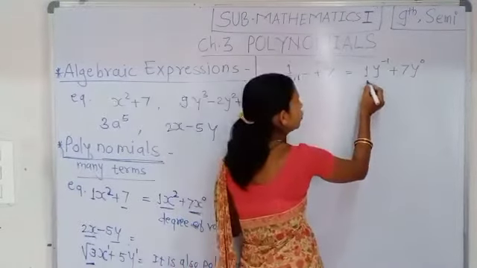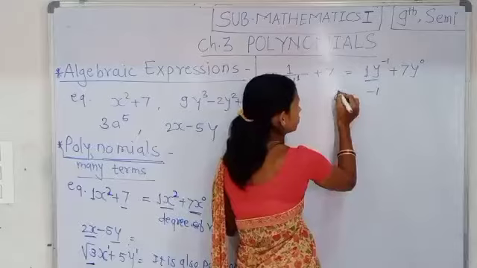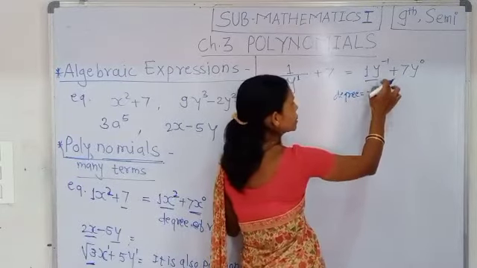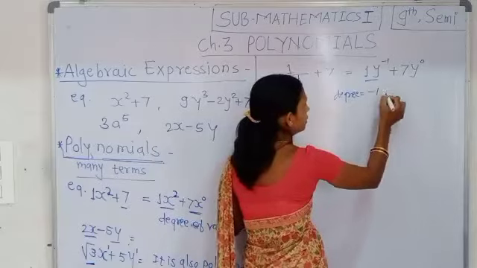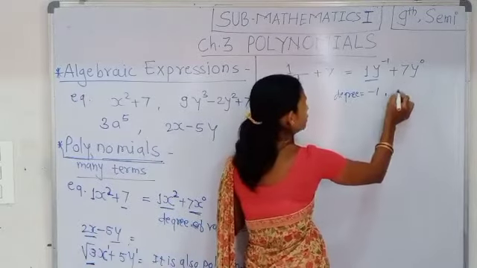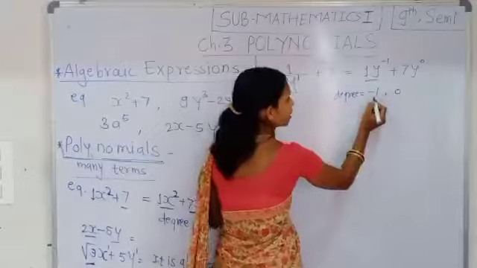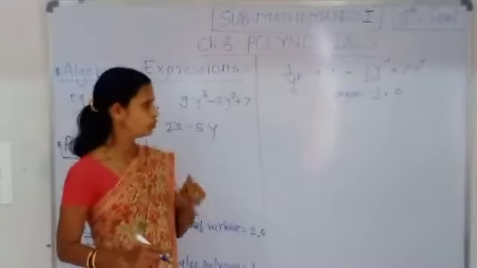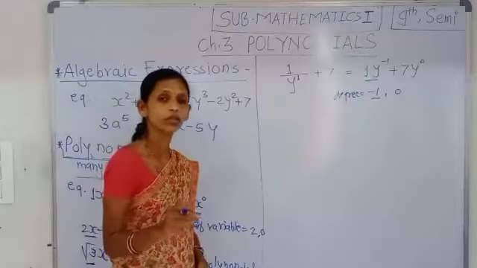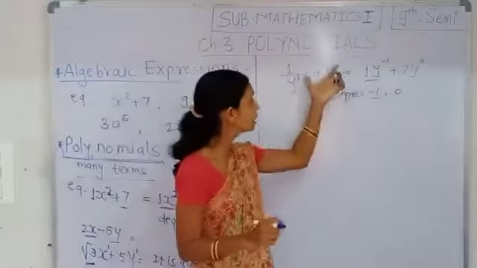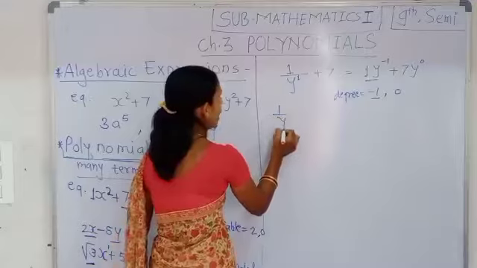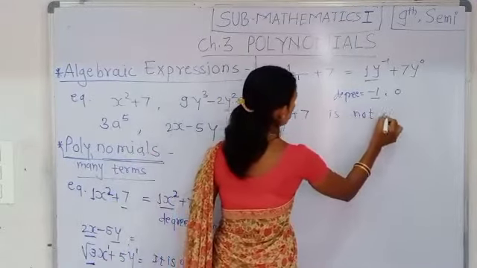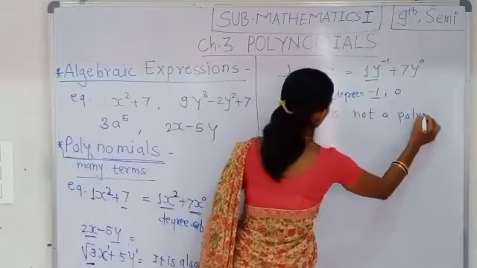Here the degree of the variable y in the first term is minus 1, and the degree of y in the second term is 0. But here the degree is not a positive integer, therefore 1 upon y plus 7 is not a polynomial.